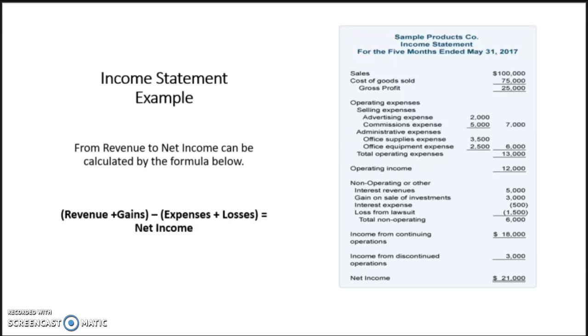In this, some of the primary things that they'll have would be monies from sales, cost of goods sold, operating expenses, operating income, non-operating or other interest revenues, incomes from discontinued operations, just to name a few.